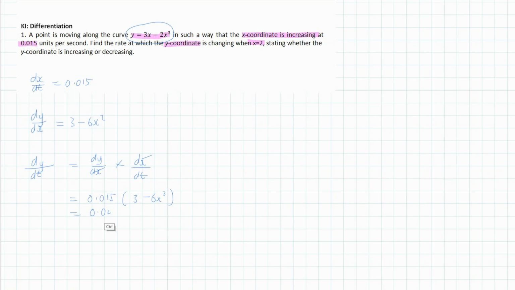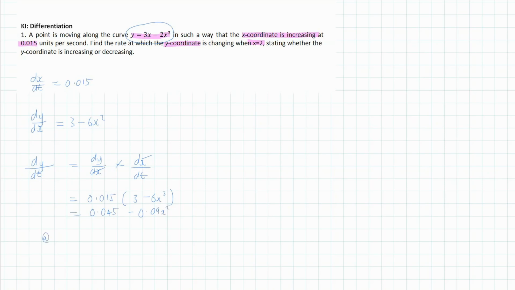Whoops, write neatly, please. And then 0.015 times 6. So this will give me 0.09 times x squared.